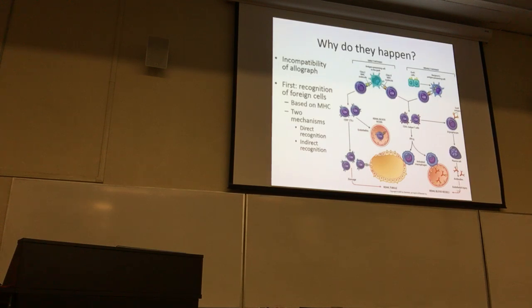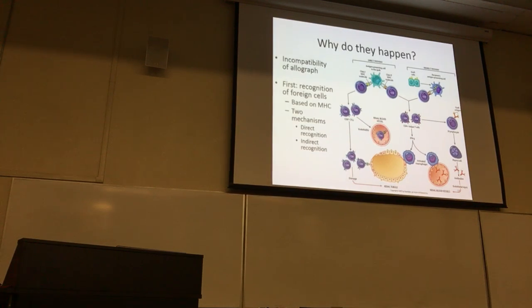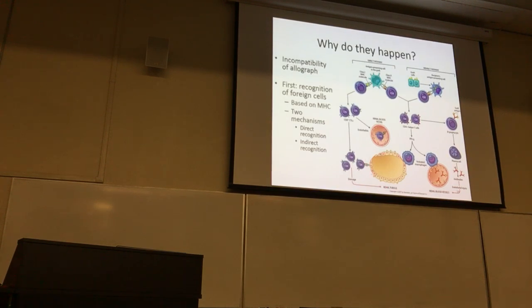If it's a class 2, you remember we go down a CD4 pathway, triggering helper T cells and the development even of subsequent antibodies. And if it's a class 1, we know it goes down a cytotoxic T lymphocyte pathway and results in an endothelitis of the vessels. In this kidney transplant example, the renal tubule just gets attacked and destroyed.